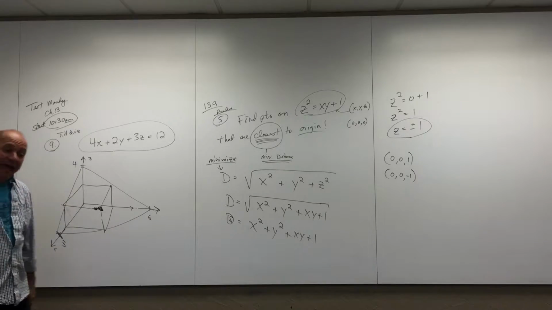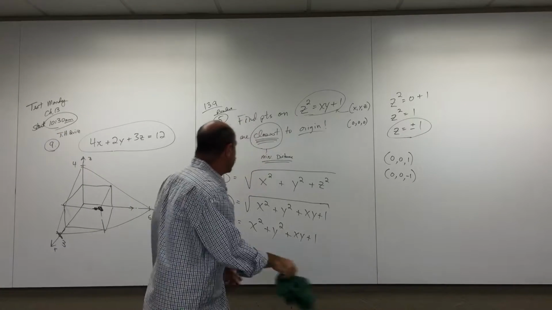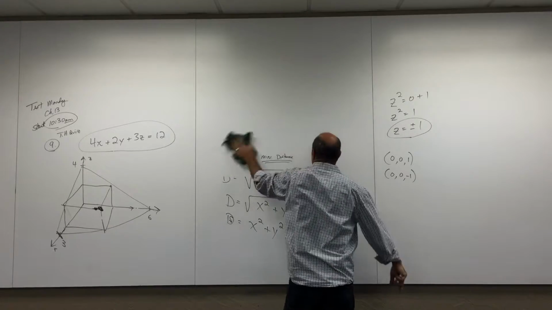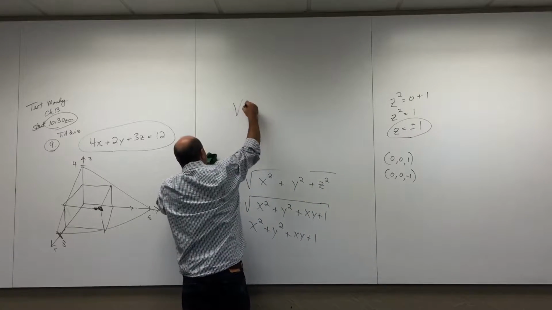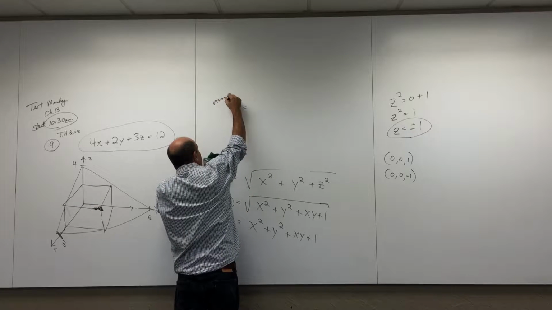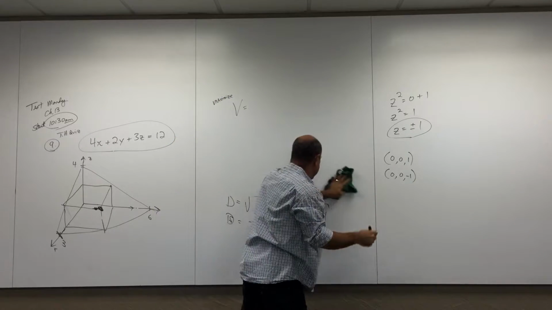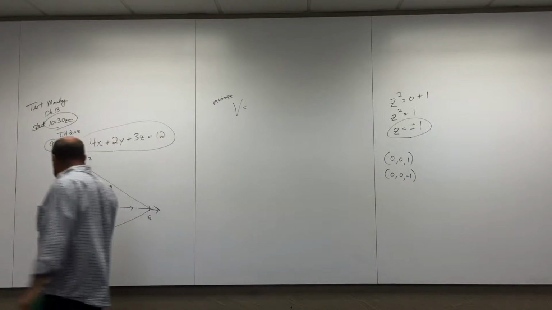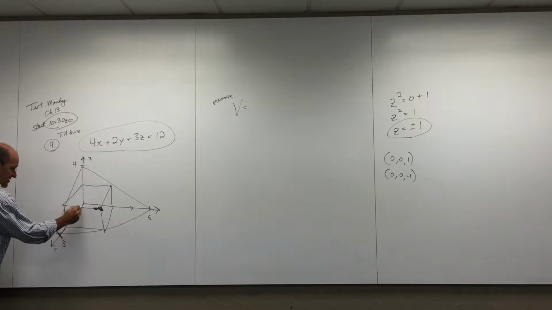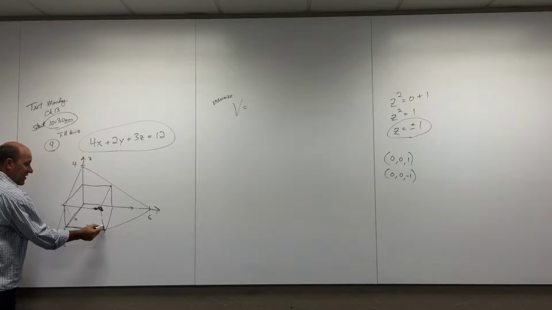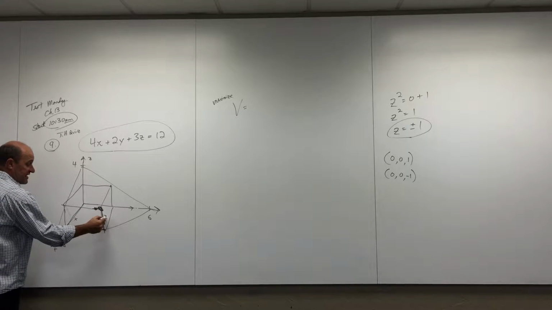And we need to maximize the volume of the box. Okay, great. Can you come up with a volume equation? What's the volume of the box? Well, that box comes out a certain distance called x, goes over a certain distance called y, and goes up a certain distance called z.